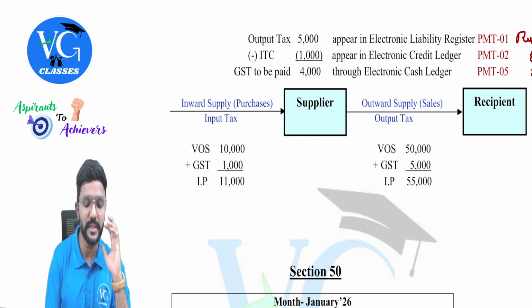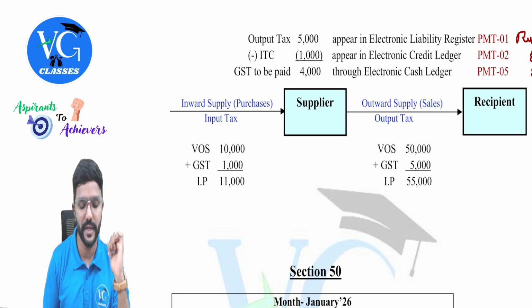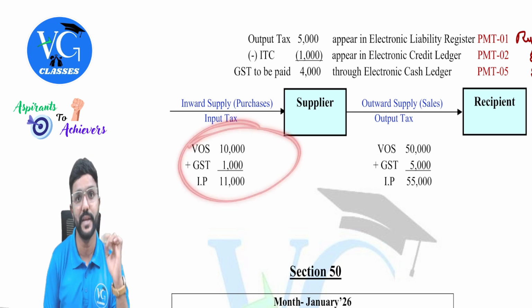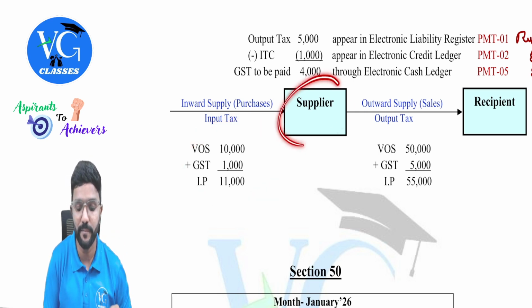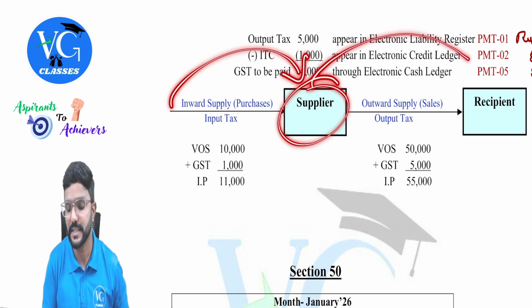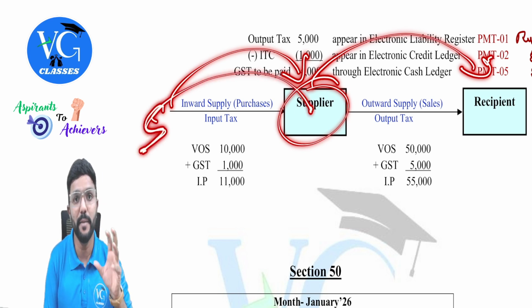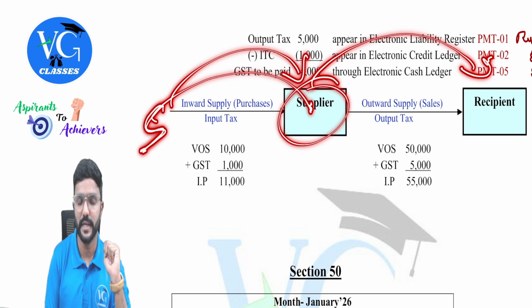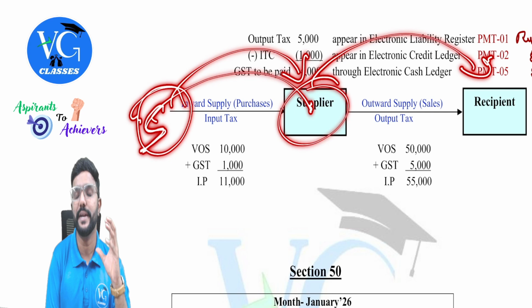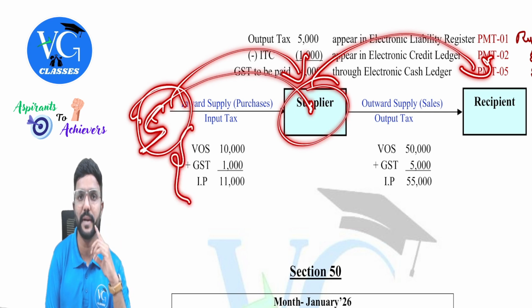Now even this supplier would have filed his GSTR1 giving the details of his outward supply. Please be careful, guys. For him, this is outward supply, whereas for the recipient it is inward supply. So he will file GSTR1 giving the details of his outward supply, in which he would have disclosed output tax of 1,000.